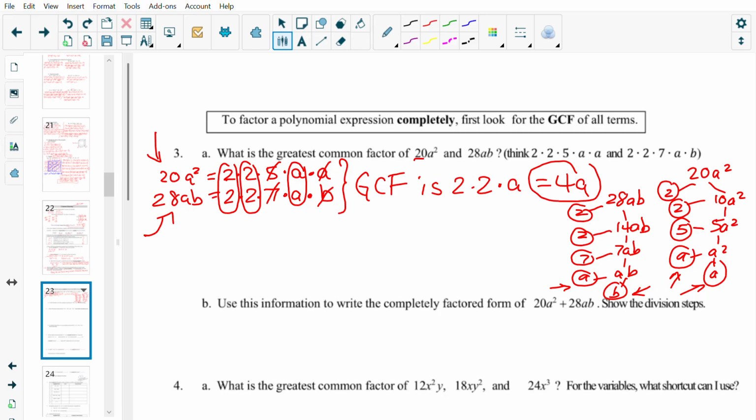Use this information to write the completely factored form of this polynomial, 20a squared plus 28ab. Let's say we're adding them together. Show the division steps.